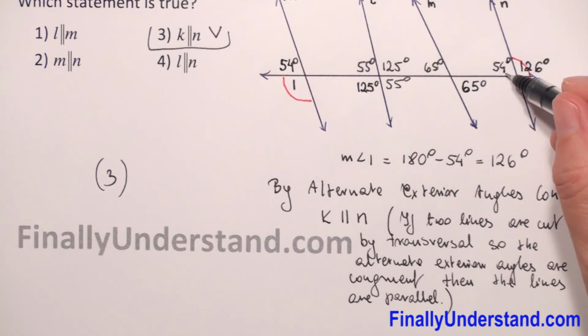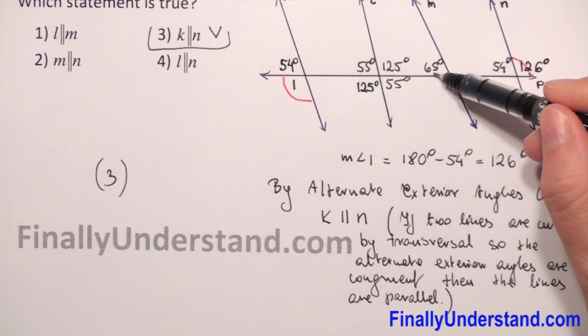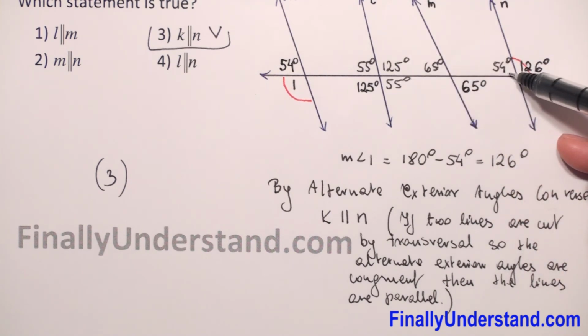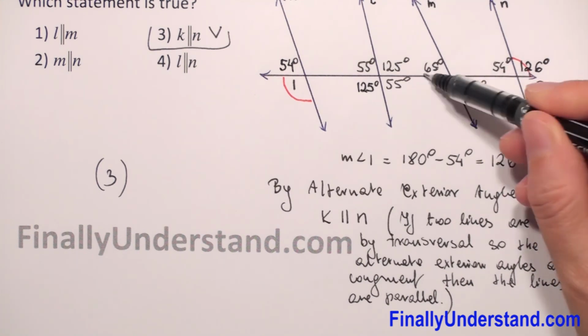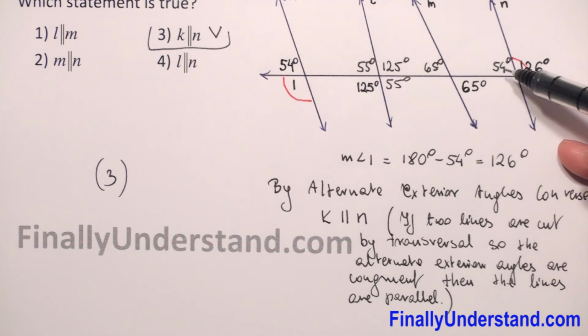And the angle between line M and P is 65 degrees on the left side. Here we have 54 degrees. The angle between this line and that line, these two angles are different. So line M and N are not parallel.